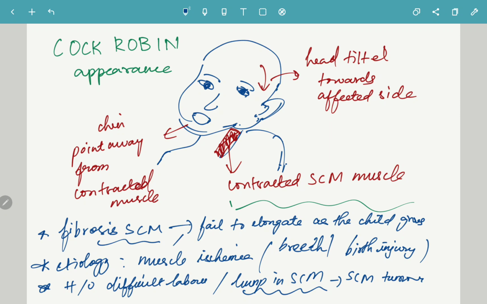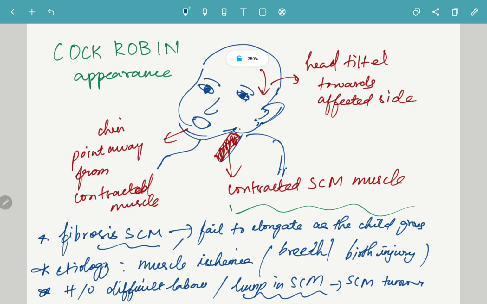This tumor generally appears in the first few weeks of life and disappears in a few months. Then there is neither deformity nor any obvious limitation of movements, and generally the deformity does not become apparent until the child is around 1 to 2 years.